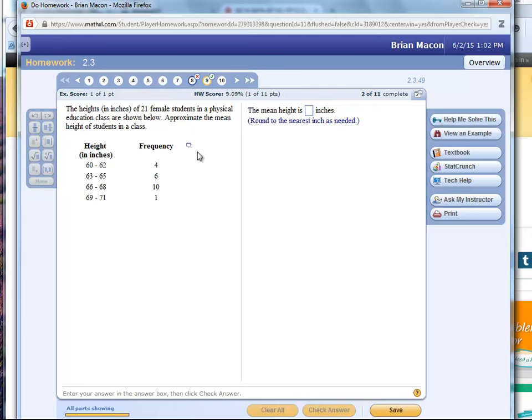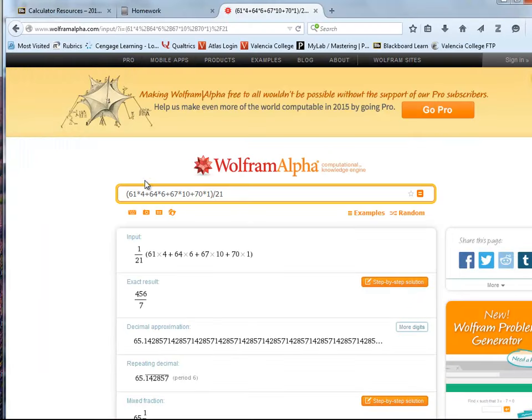So if I was going to do this by hand, I brought up Wolfram Alpha, and I typed in the formula, right? Here's the midpoint times the frequency for the first class, plus midpoint times frequency for the second class, midpoint times frequency, midpoint times frequency, and then I'm going to divide by the total frequency, right? 6 plus 4 plus 10 plus 1 is 21 total.